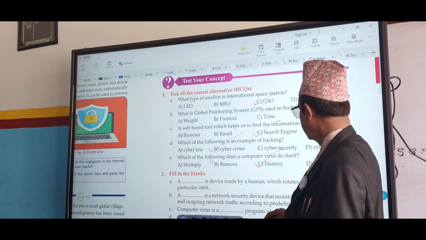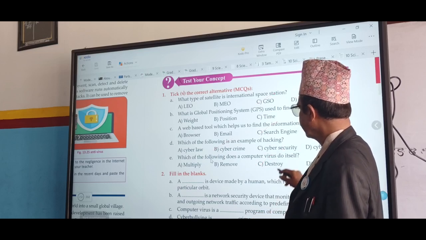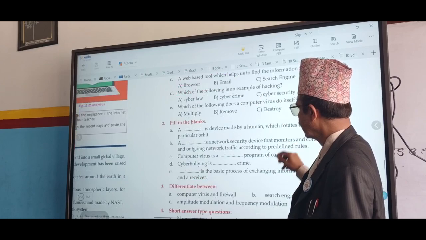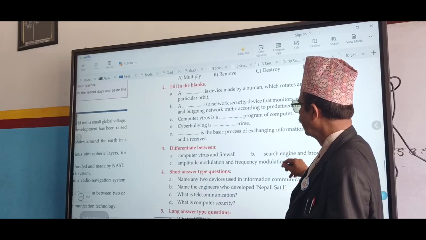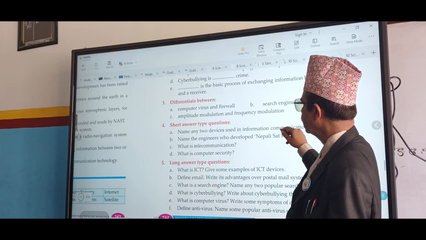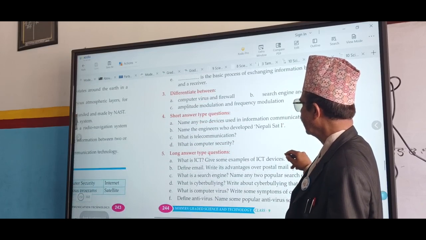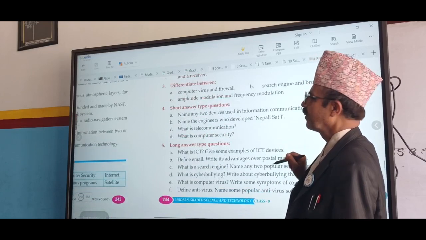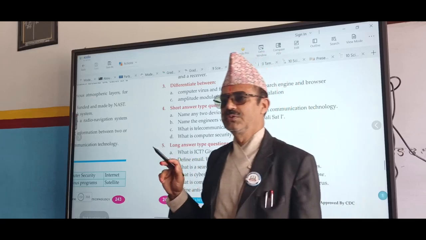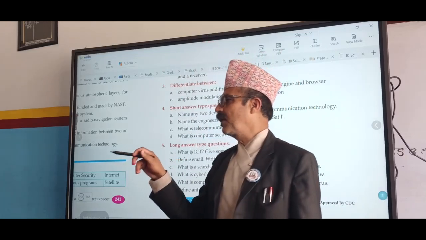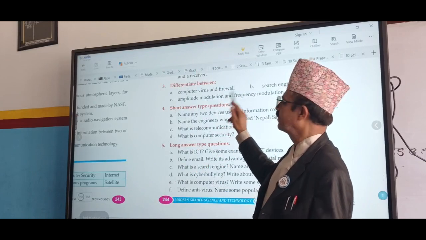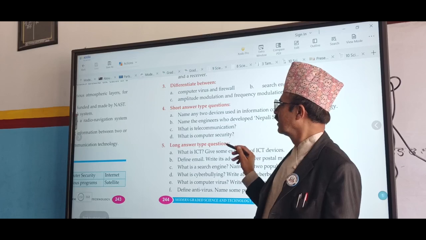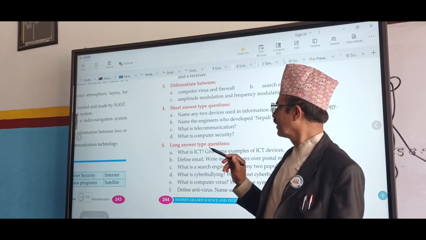Number 3, differentiate between. Number 4, short questions. Number 5, long questions, right? Okay. Now I'm going to give you this work. Which group are you in? Newton, only differentiate between.